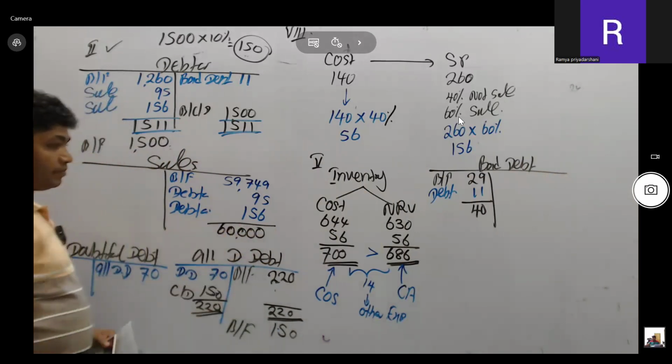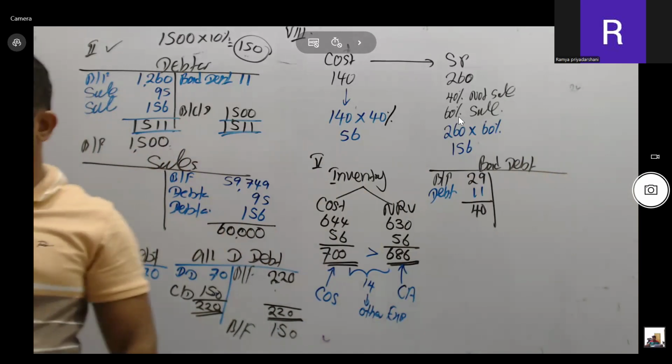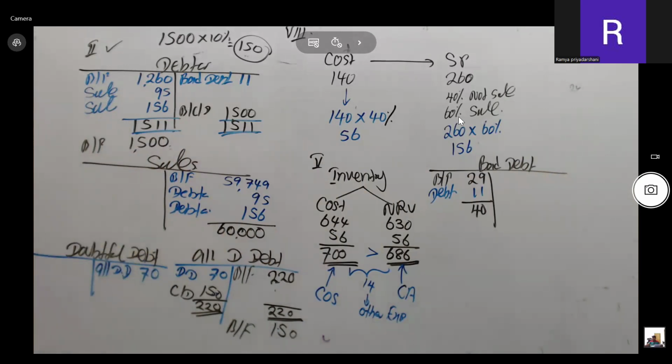Record that information. Inventory should be recorded under current assets as well as under cost of sales calculation. Bad debts and doubtful debts should be recorded under sales and distribution expense. And the sales correct value should be recorded in the income statement.